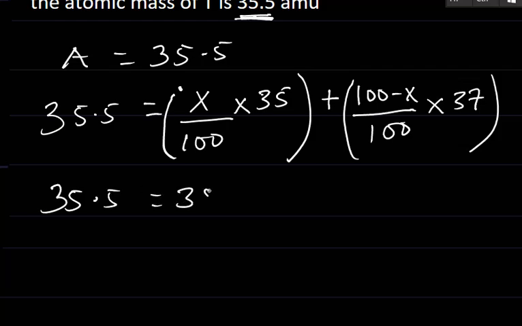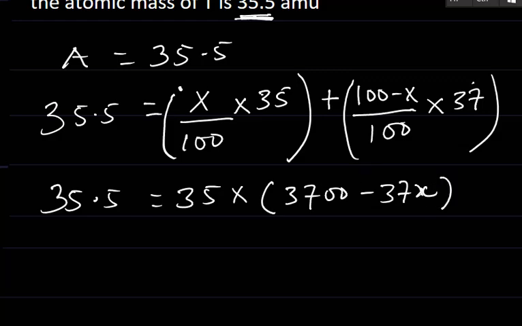This is going to be 35x all over 100, plus, please pardon me, this is plus, the other fraction, (100 minus x) times 37 all over 100. The two fractions have a common LCM, which of course is 100.